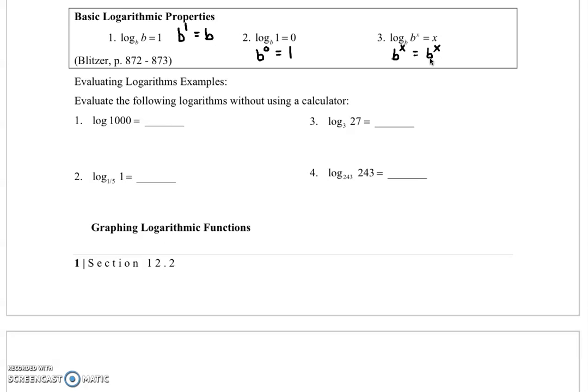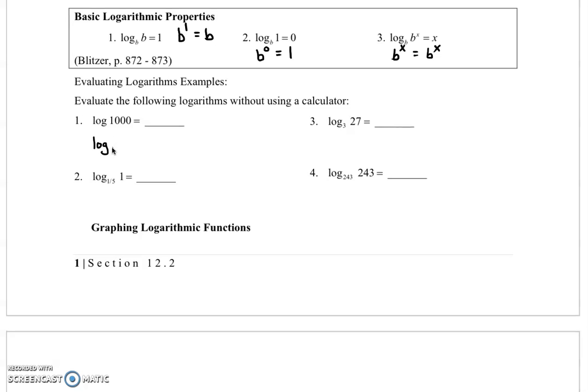So let's use those 3 rules to practice doing some problems without using our calculators. So we have log 1000 and we want to know what that equals. Well, remember, when we have a logarithm with no written base, that means that we have a log base 10.